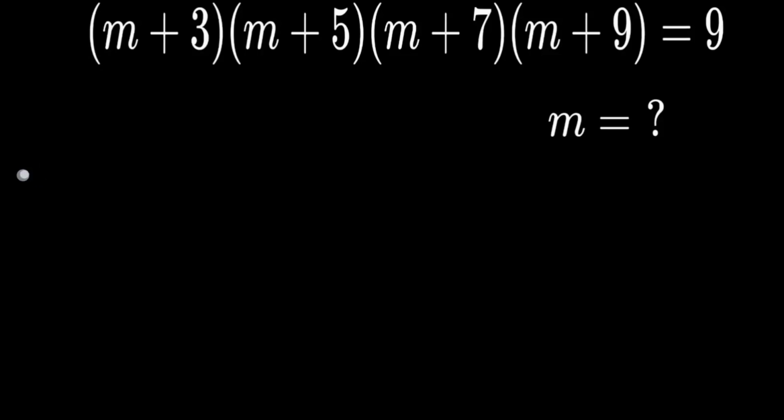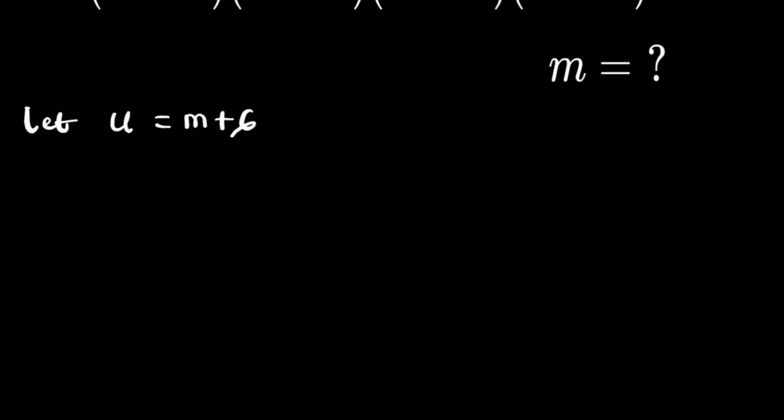We are going to let u be equal to m+6. So if u is equal to m+6, then from our question, the first bracket m+3 will be u minus 3.